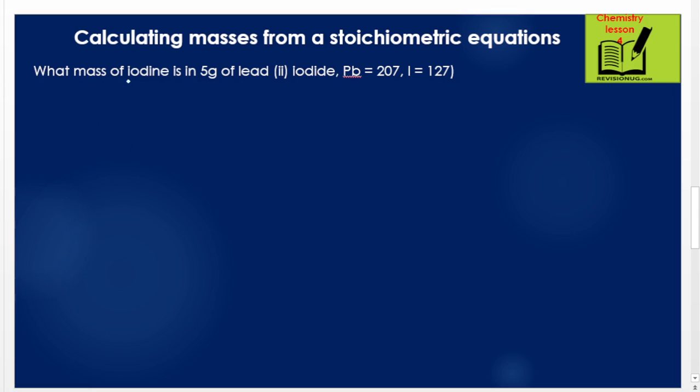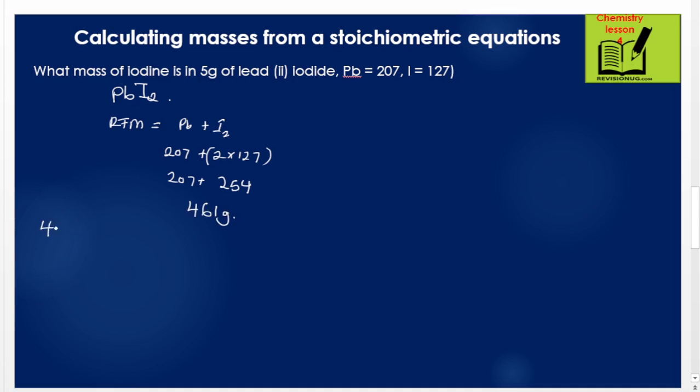So they are telling us: what mass of iodine is in 5 grams of lead iodide? Now lead iodide, let us first write lead iodide. This is how we write it. Then we get the RFM of this lead iodide. So lead is 207 plus 2 times 127. 127 times 2, the answer is 254, and then add it to 207, the answer is 461 grams.